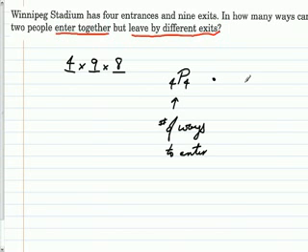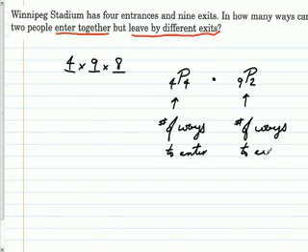And that is going to be multiplied by 9 exits, and we're going to arrange 2 of them. And so that is the number of ways to exit.